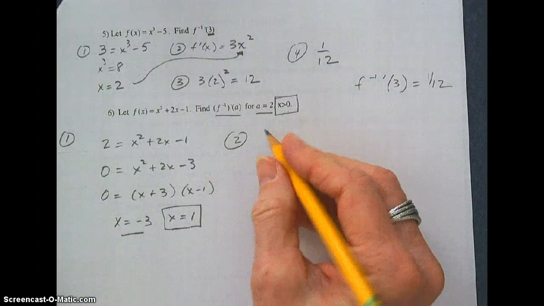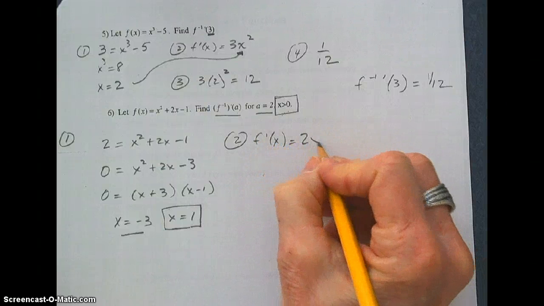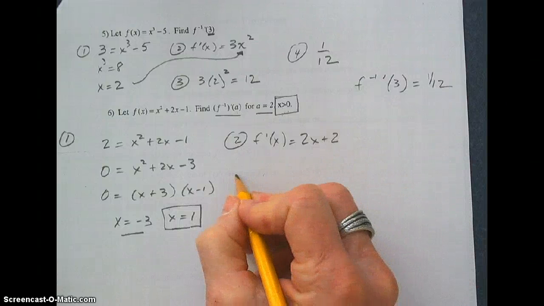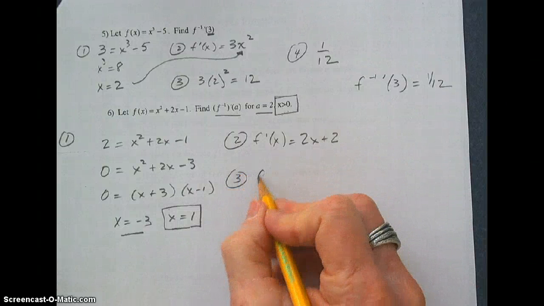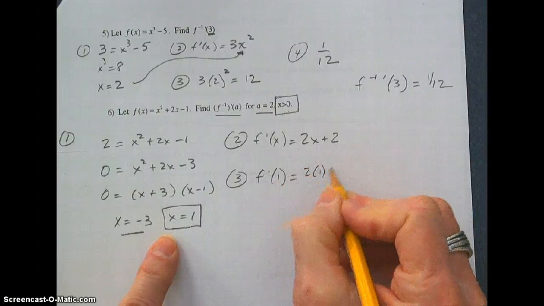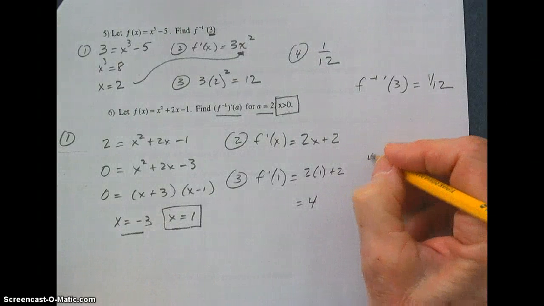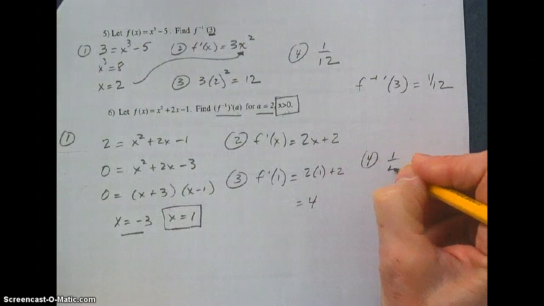So again, what was step 2? Find the derivative. The derivative of this function is 2x plus 2. We find the derivative's value at 1, which is 2 times 1 plus 2, equal to 4. And then step 4 is we just flip that.